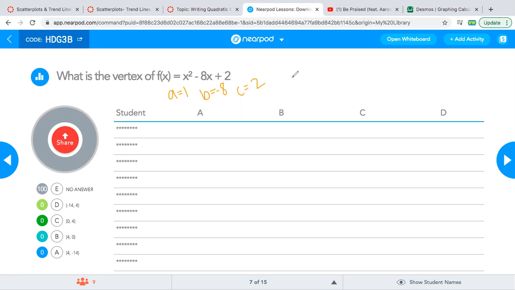So the 2 negatives will end up canceling out to make a positive. Because it's negative B over 2A.